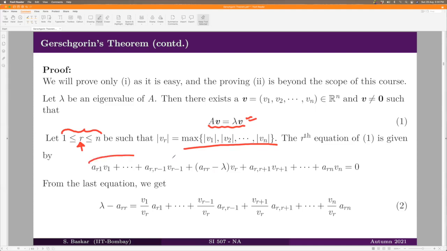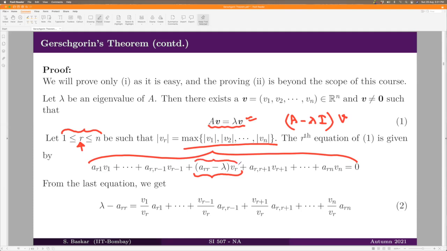It precisely looks like this, where I have just written the rth term. Recall it is (A minus lambda I) V. This is the diagonal element of that equation. These are the terms before the diagonal element, and these are the terms after the diagonal element.